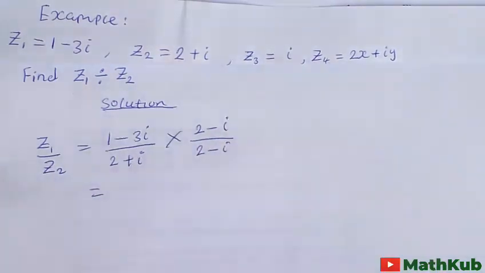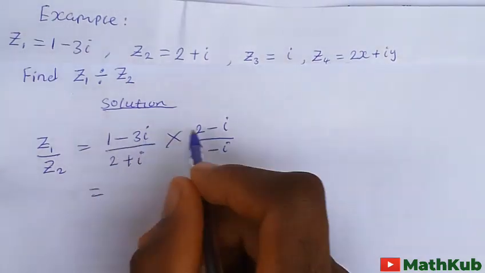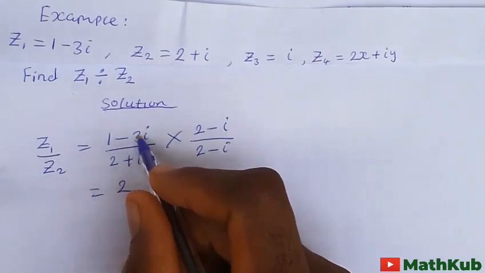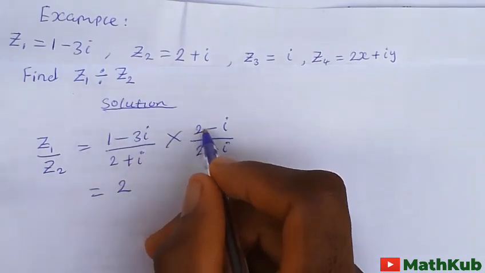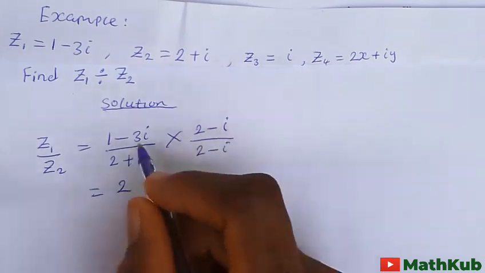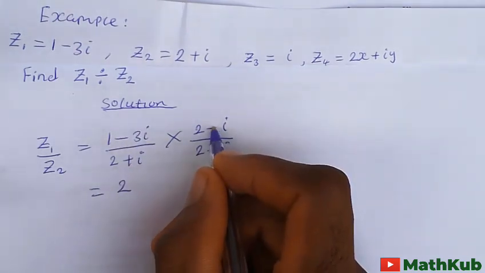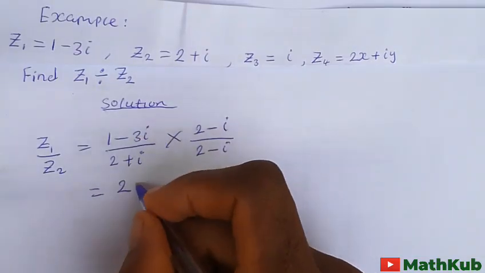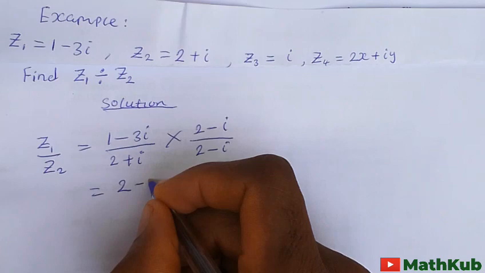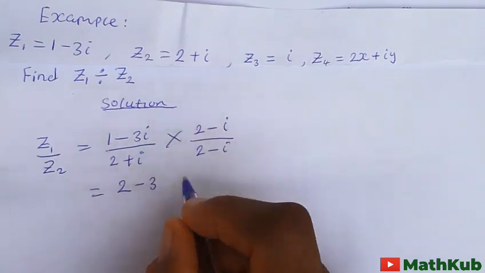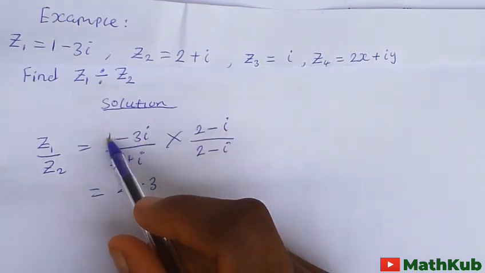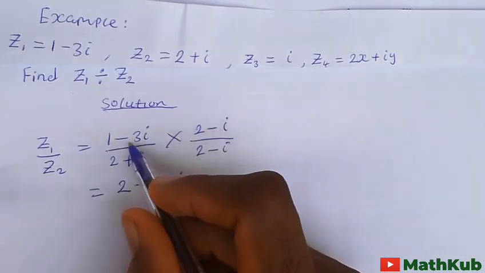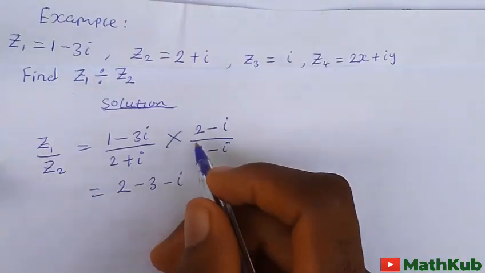This will be equal to 1 times 2, 2, minus 3i times minus i. This minus will cancel the minus, we have plus, then i times i is minus 1. This will be minus 3. We go with this one: 1 times minus i, minus 3i times 2.